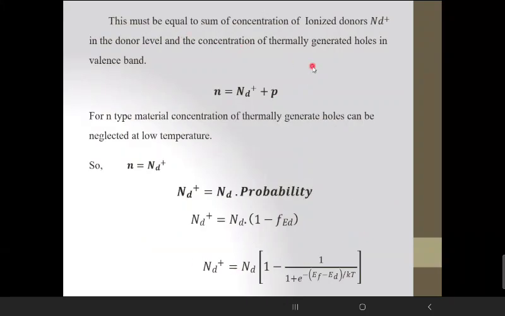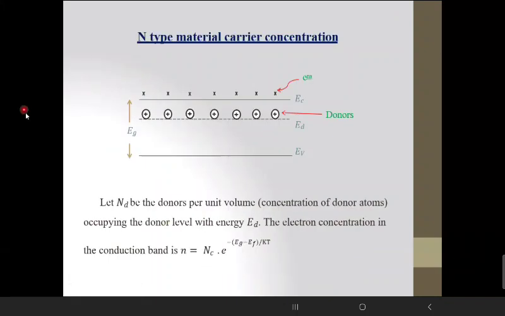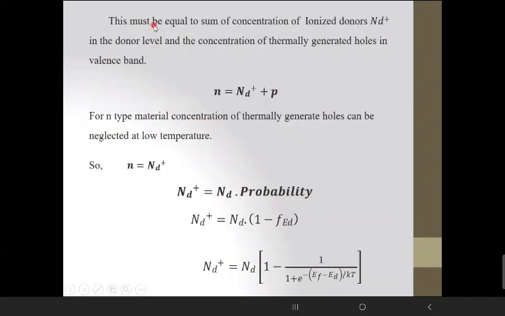This must be equal to the sum of the concentration of ionized donors, Nd plus, in the donor level, plus the concentration of thermally generated holes in the valence band. So the number of electrons is equal to Nd plus p.